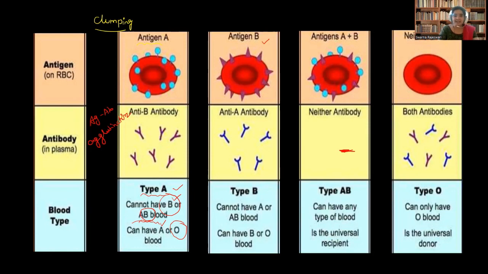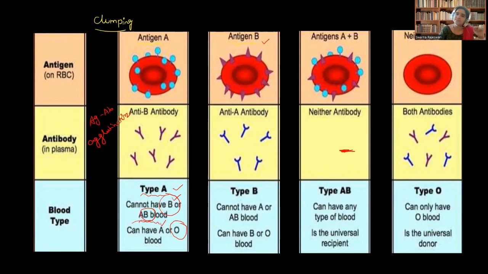So that is, A group person who has A antigen has to get blood from another A group person or O group person. Why? Because his body will not produce the antibodies in response to those antigens. Okay, so now again we'll discuss about B group person. What happened to this B group person?